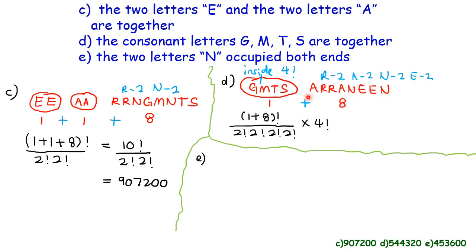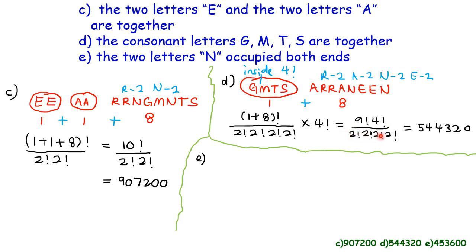So for the number of arrangements, 1 plus 8. So 1 together and the other 8. So 1 plus 8. And then we divide: we have 2, 2, 2, 2, so we have to divide by 2 factorial 4 times. And then 4 factorial here for inside the consonants. Okay. So in short, we can summarize 1 plus 8 as 9 factorial. And then the 4 factorial we bring together above here.